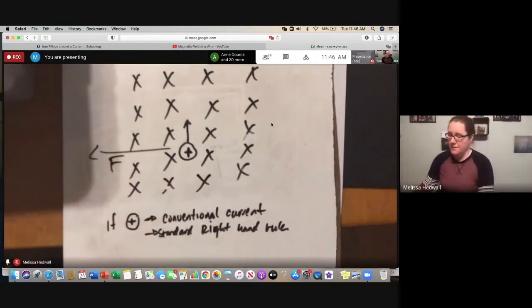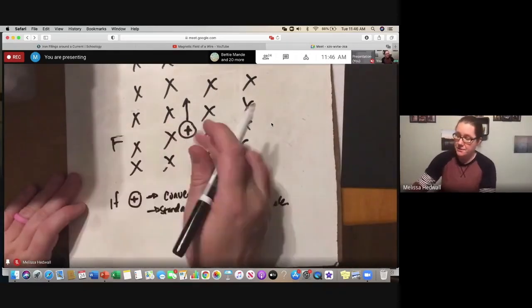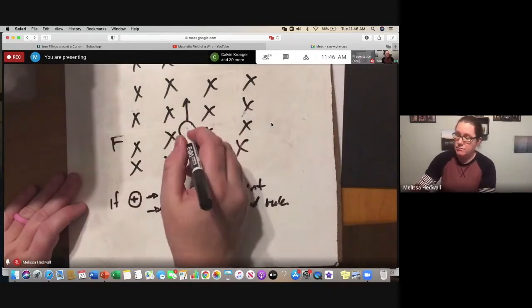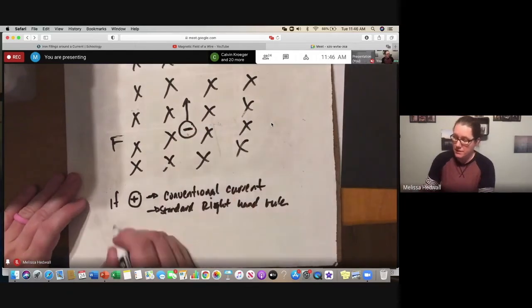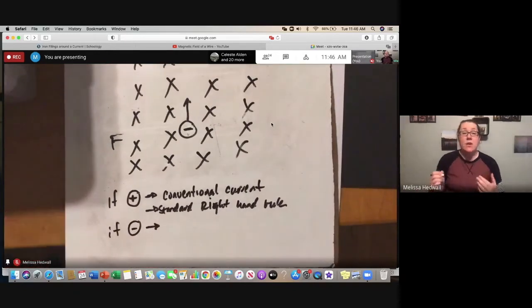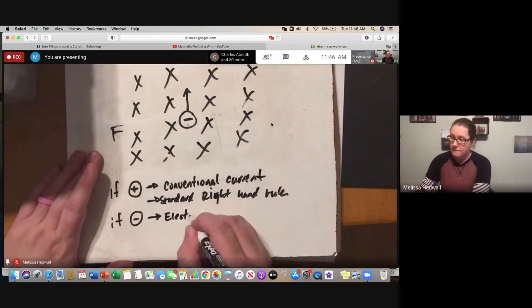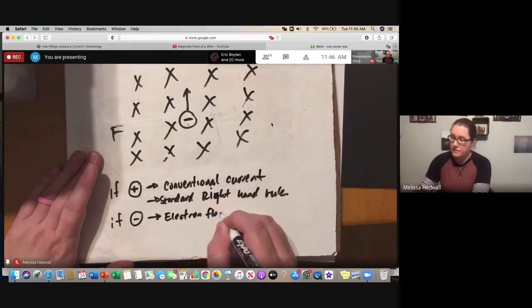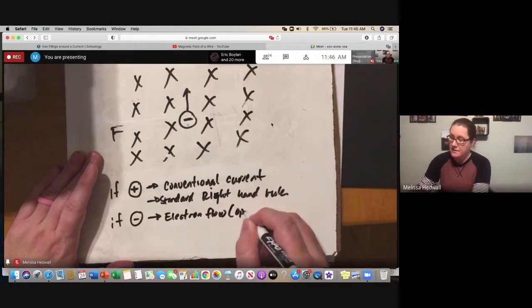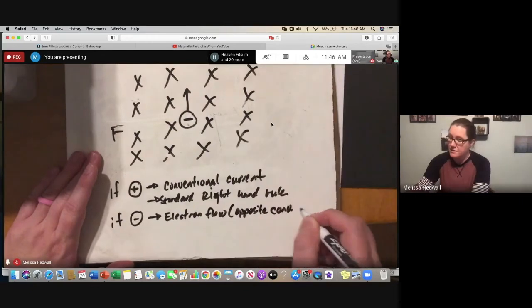Now here's the deal. If it is a negative charge, it likes to mess with us. If it's negative, it's going in the direction of electron flow, and that's opposite conventional current.